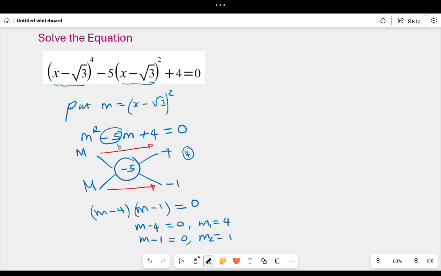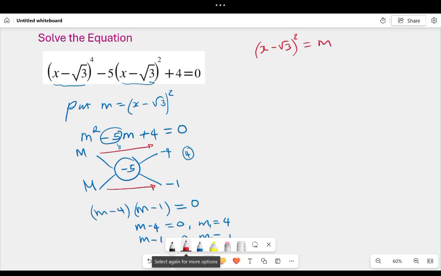Now, substituting back, we knew from what we did at the beginning that x minus the square root of 3, in brackets squared, is equal to m. Now, replacing this back, it's written as x minus the square root of 3, in brackets squared, equals the first solution of m, which we got as 4.